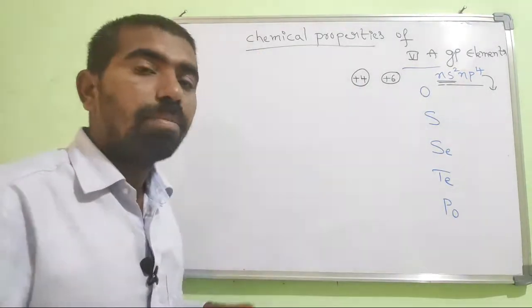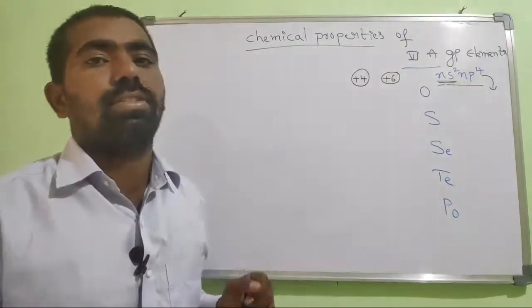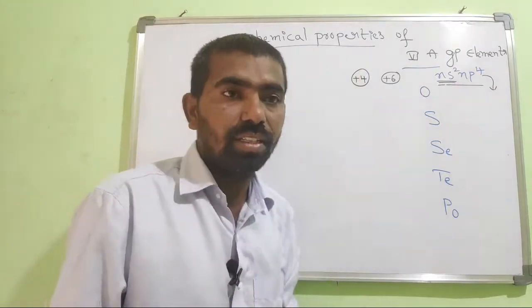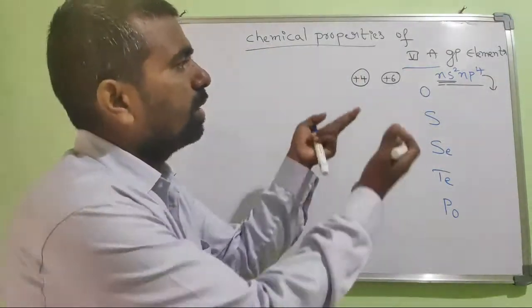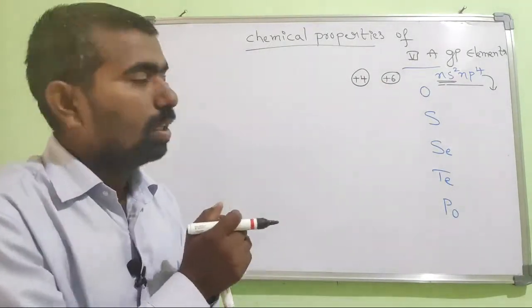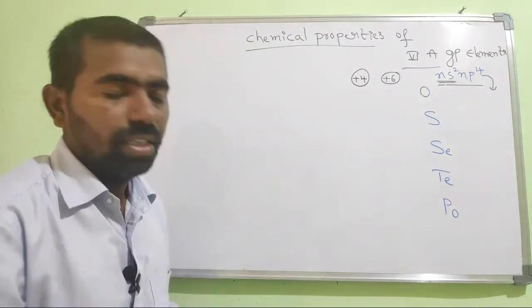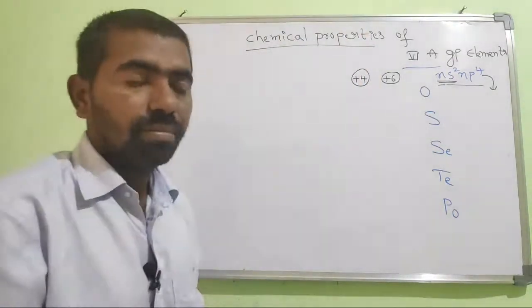The stability of the +4 oxidation state increases down the group, and the stability of the +6 oxidation state decreases down the group because of the inert pair effect. So that is about 2 types of oxidation states. Now I come to the element oxygen.